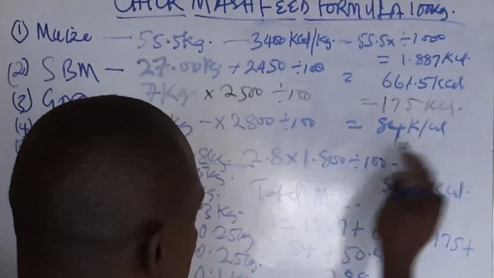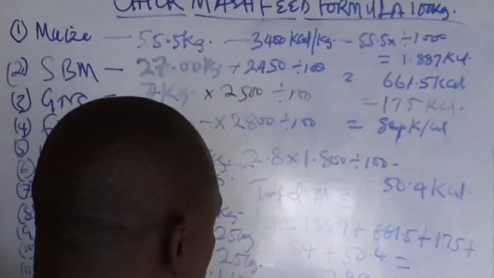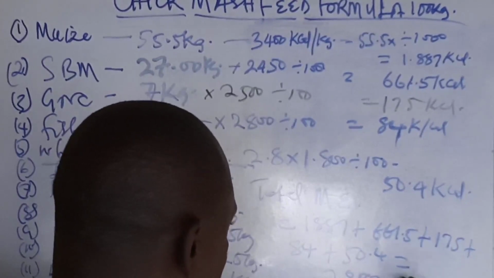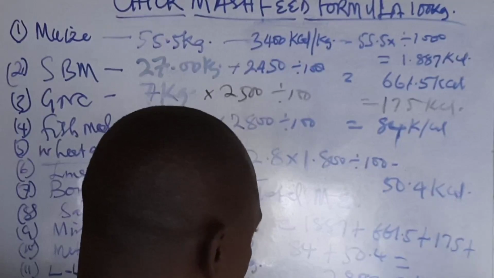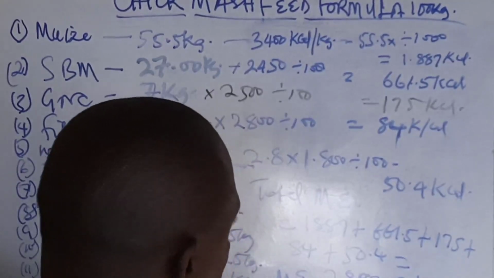If you add this, okay, now let's do it. This will give us 2,857.9 calorie per kg. This is the metabolizable energy of this feed.